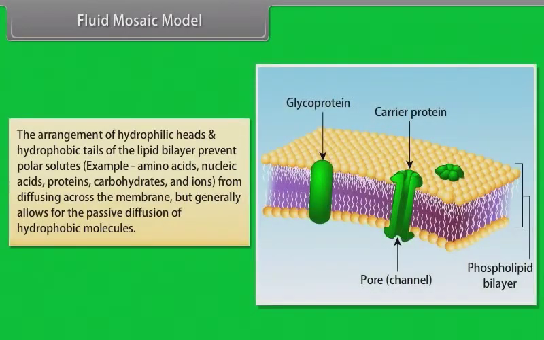The arrangement of hydrophilic heads and hydrophobic tails of the lipid bilayer prevent polar solutes, example, amino acids, nucleic acids, proteins, carbohydrates, and ions from diffusing across the membrane, but generally allows for the passive diffusion of hydrophobic molecules.